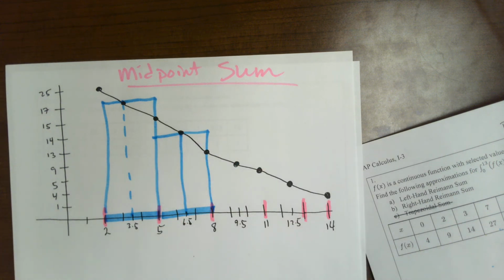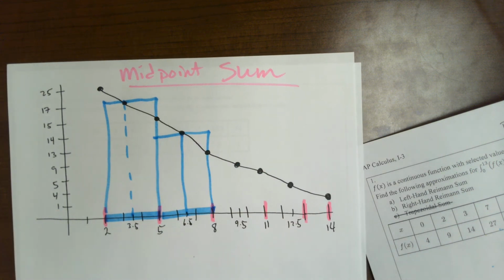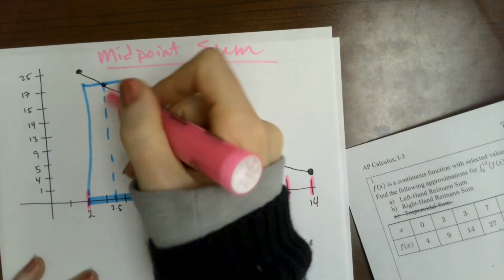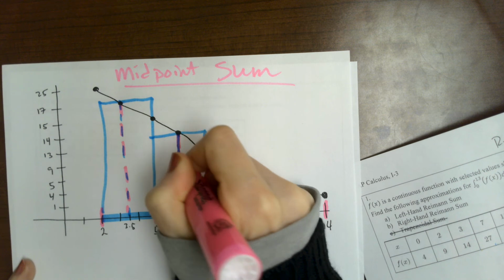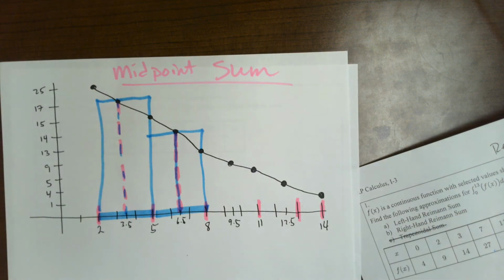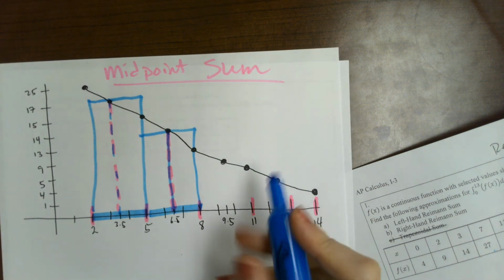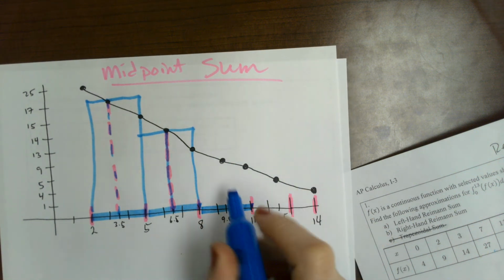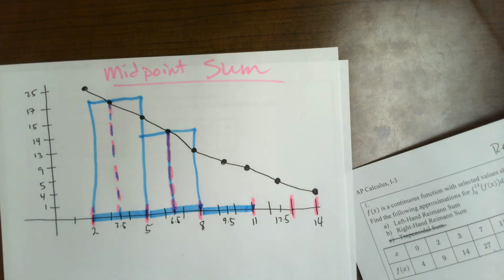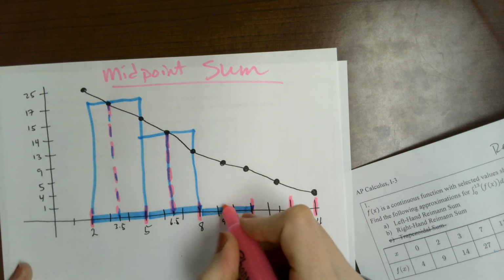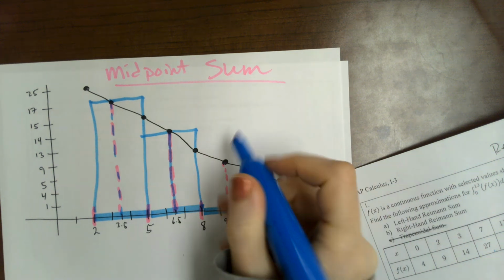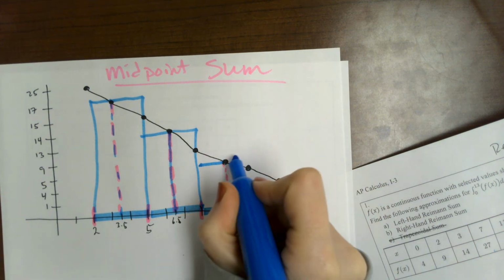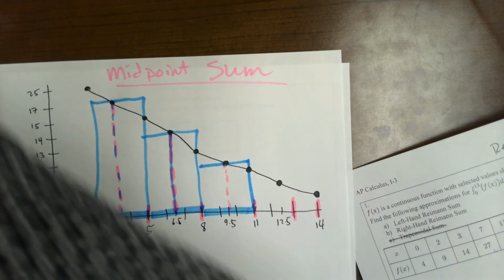Shoot, I wanted that to be dotted, because I want to show that it's one rectangle. I guess you could do it in two, but all right, and then this one. Dotted, little segment, little segment.